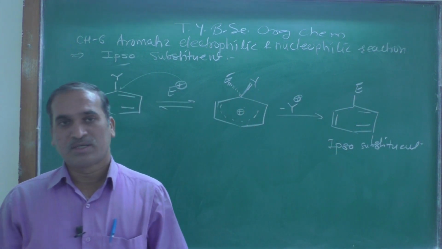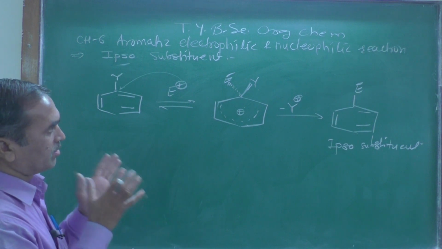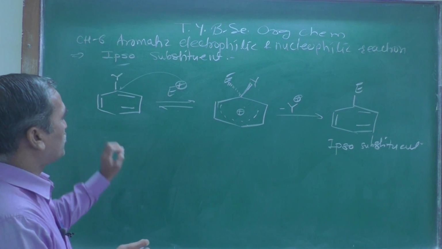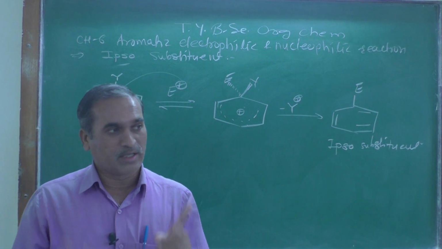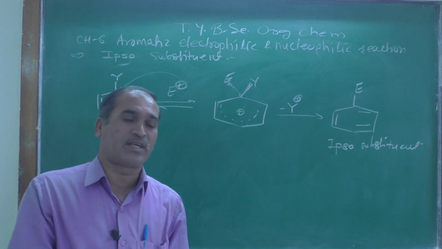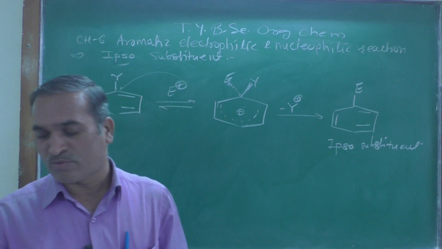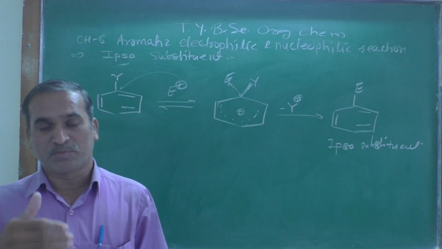So this is the simplest mechanism of ipso substitution. Remember, what do you mean by ipso substitution? Whatever original group is in a monosubstituted benzene, that group itself gets replaced by the electrophile. That type of substitution is called ipso substitution.